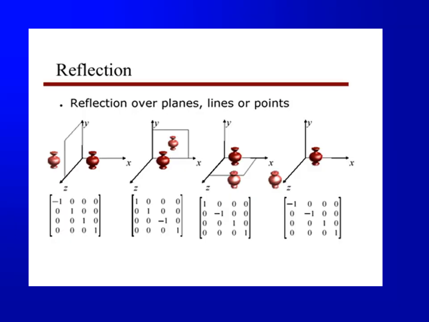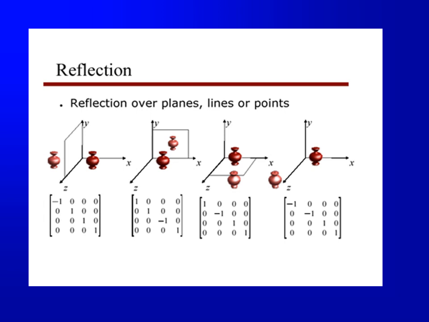Okay, now you see the reflection for the planes. Okay, so this one, the first image and matrix is for the yz plane. That's why the x value is -1.